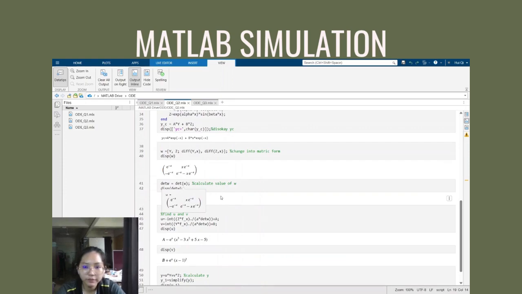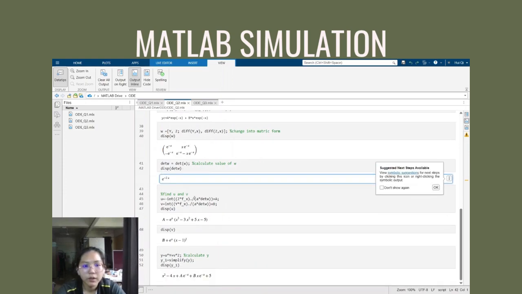For u and v, we need to calculate now: u is negative integral of z times f(x) over a times the matrix value, plus a, and v is actually the same, but z is replaced with y, and there's no negative in front of the equation.